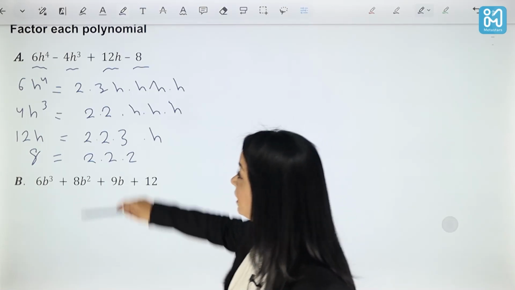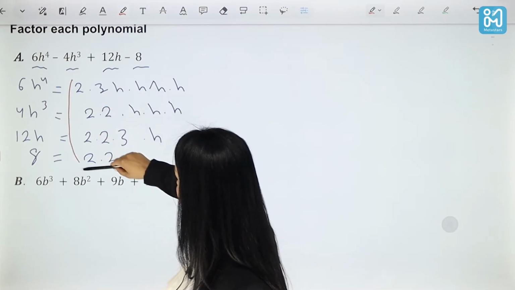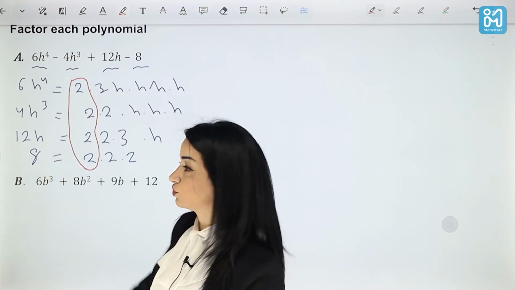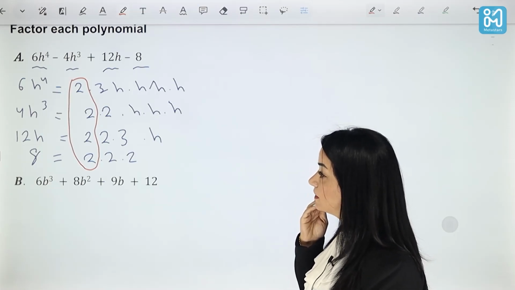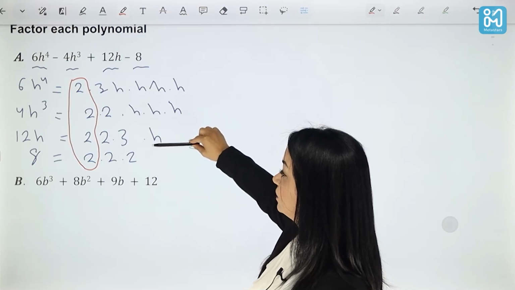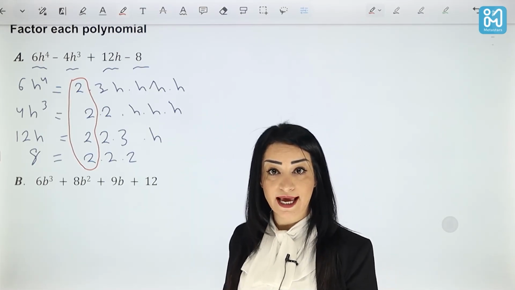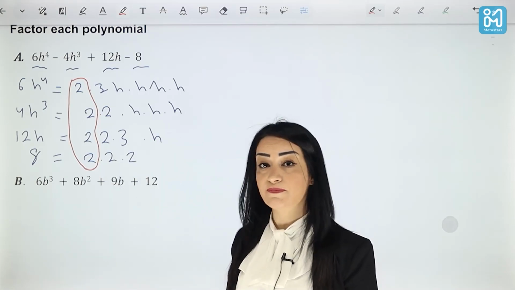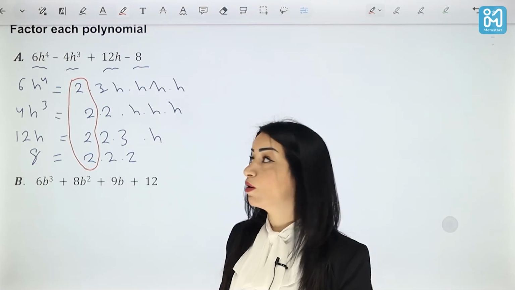Only the 2 is shared between all the terms. Okay, this is for the constant. What about h? I have here h, h, h, but I don't have h in the last term. So can I take h as a common factor between all of them? No, I can't take h as a common factor between all of them.